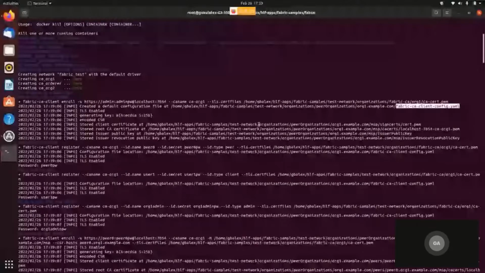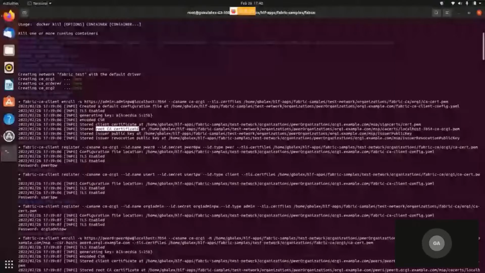So there is a client and server for certificate authority. It is very important that TLS should be enabled, and the client certificate is stored here. Then, basically it comes with one certificate authority, but if you want more, you can create intermediary certificate authorities.